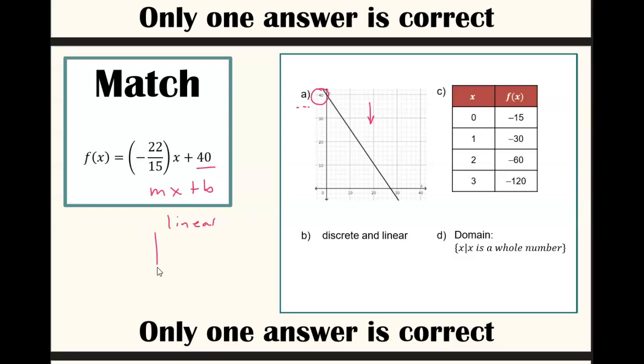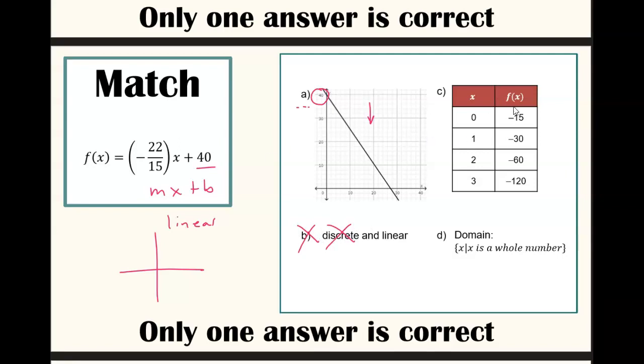Well, if we have a line, anywhere we draw a line, we could draw one there, we could draw it here, we could draw it like that. Any of those lines, are those continuous or do they have jumping points? Lines are continuous unless they tell us otherwise, something about the domain is restricted. So since they didn't tell us anything is restricted here, we'd have to assume this line is continuous. So discrete is not our answer, and this one is not correct.